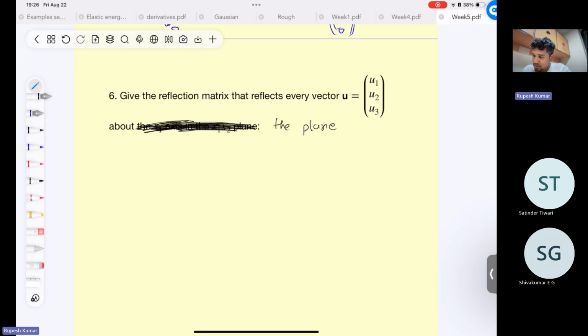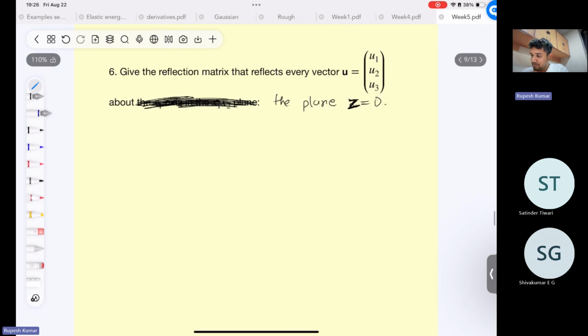What plane can we use? We can say z equals 0, about the plane z equals 0. Now the problem is quite simplified, right, everyone? So ignore the previous problem. It was quite confusing and did not make sense entirely. So let's take this problem.